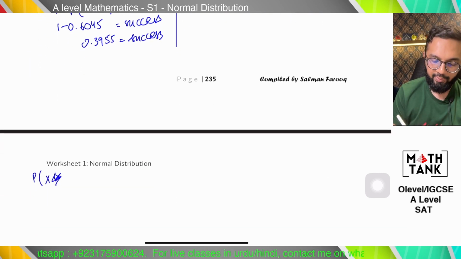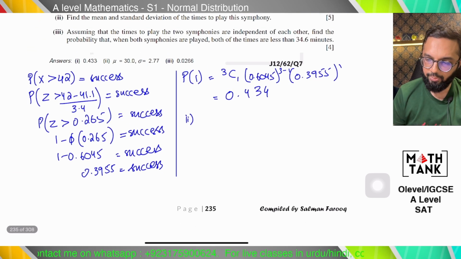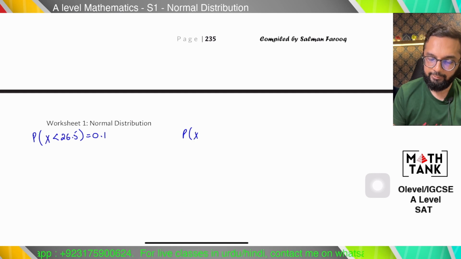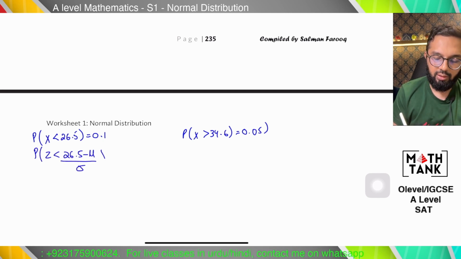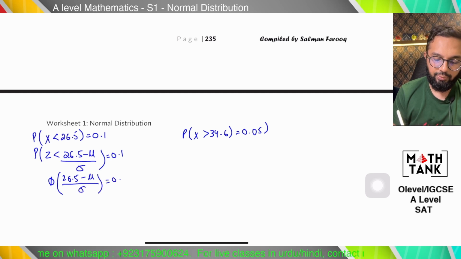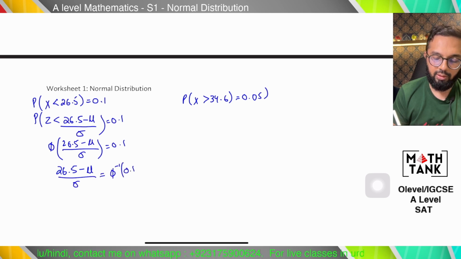X less than 26.5 is 0.1 and more than 34.6 is 0.05. So I start off, I say phi of (26.5 minus mu) over sigma equals 0.1. So 26.5 minus mu over sigma equals phi inverse of 0.1.